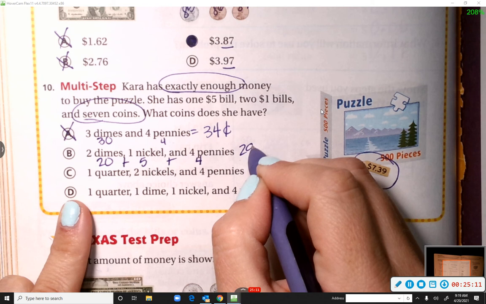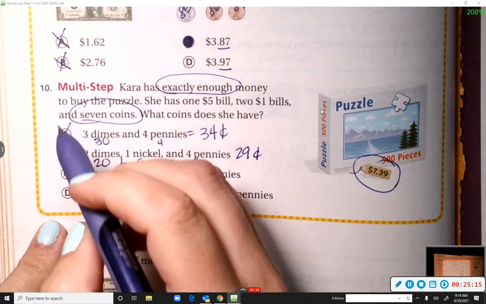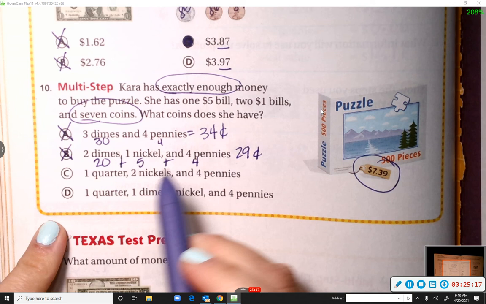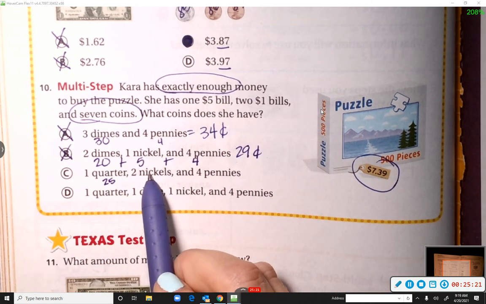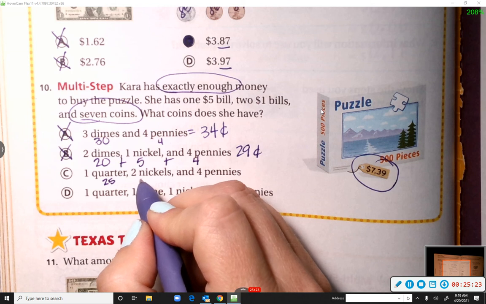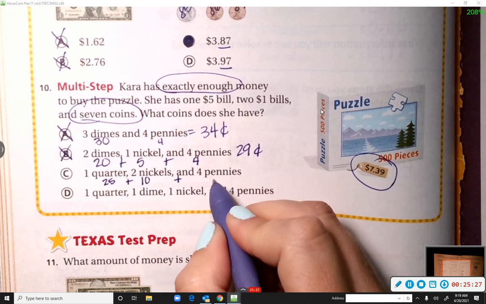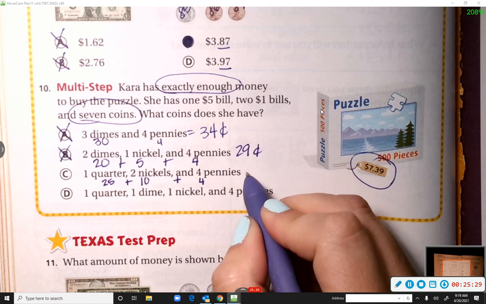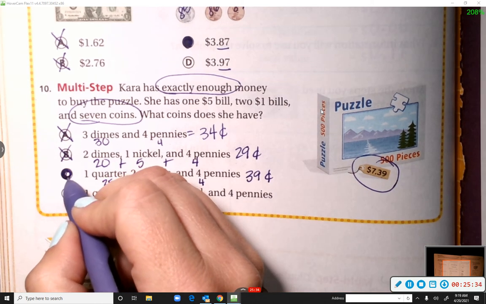Good. So 29 cents. We're still not to 39, so I need to eliminate B. Quarter is 25. 2 nickels is 35. Plus 4 pennies is 39. So C was the correct answer.